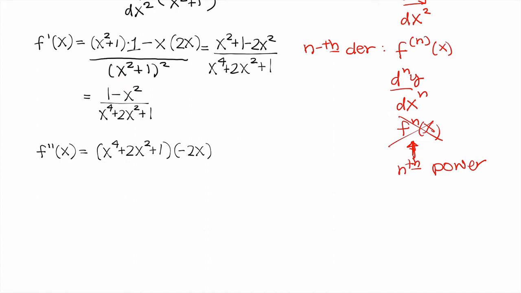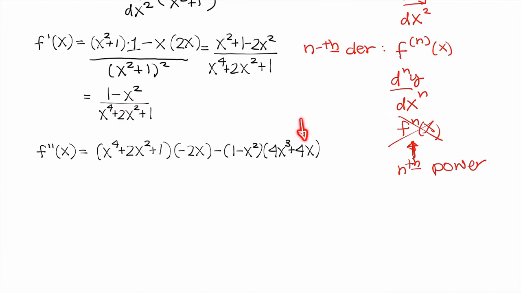So the bottom times the derivative of the top minus the top times the derivative of the bottom, which is 4x cubed plus 4x. Again, the derivative of x to the fourth is 4x cubed. The derivative of 2x squared is you keep the 2 and multiply by the derivative of x squared.